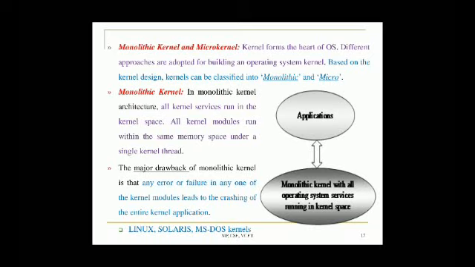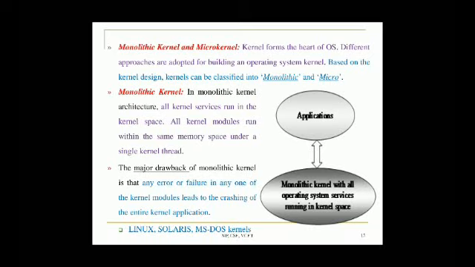Keeping this in mind, the major drawback of this kind of monolithic kernel is that if any error happens in one of the services, that leads to crashing of the entire kernel. This is one of the big disadvantages of the monolithic kernel.